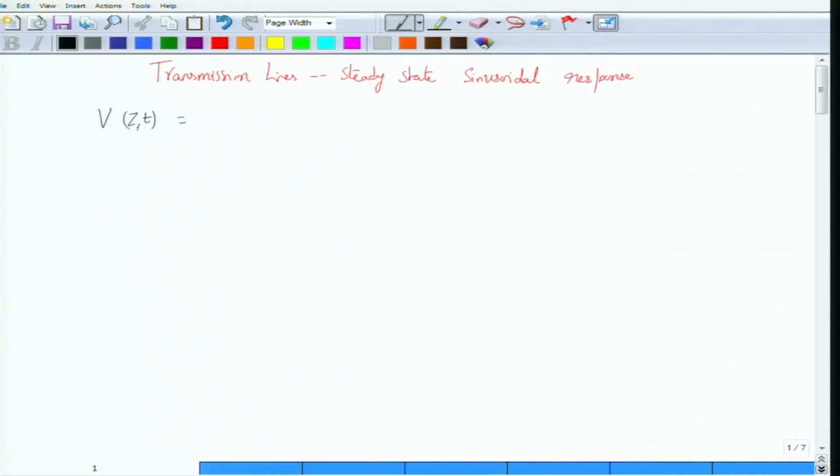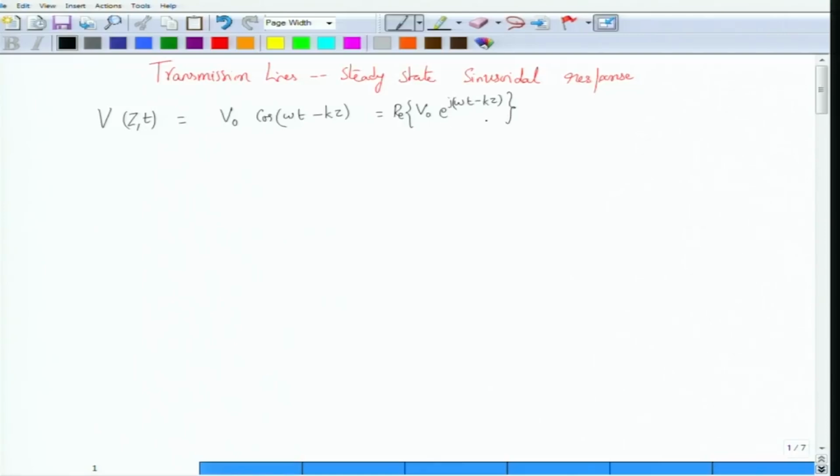So given a voltage on the transmission line, at any point z on the transmission line, and a function of time of a particular frequency as cos of omega t minus kz, we can actually rewrite this in terms of the complex notation as the real part of V0 e power j omega t minus kz, right.